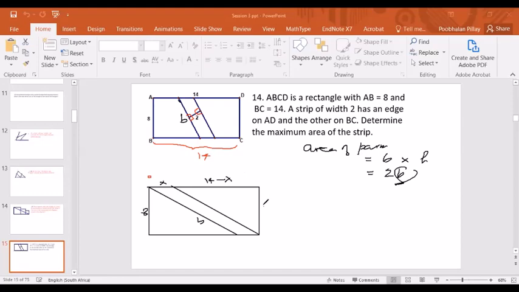And we already know that this is 8, opposite sides of a rectangle. And then the height of this rectangle is given to be 2.